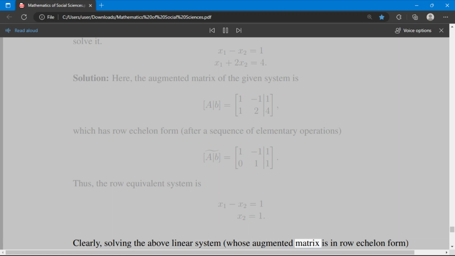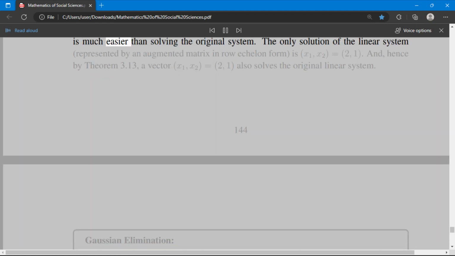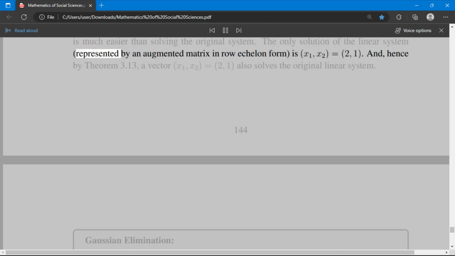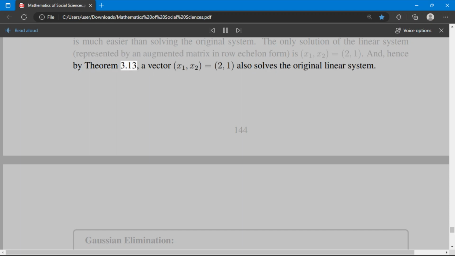Clearly, solving the above linear system, whose augmented matrix is in row echelon form, is much easier than solving the original system. The only solution of the linear system, represented by an augmented matrix in row echelon form, is (x1, x2) equals (2, 1).